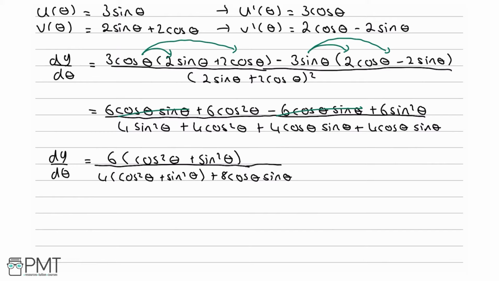What I've done with this 6 and 4 is I've taken out a factor of 6 from cosine squared theta and sine squared theta, and I've taken out a factor of 4 as well from here.